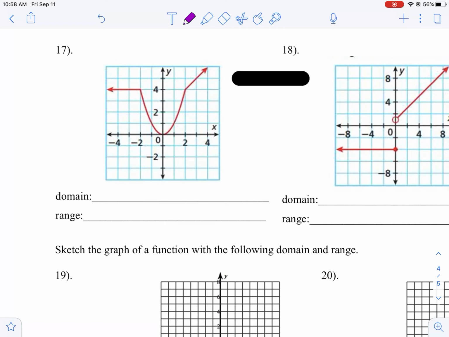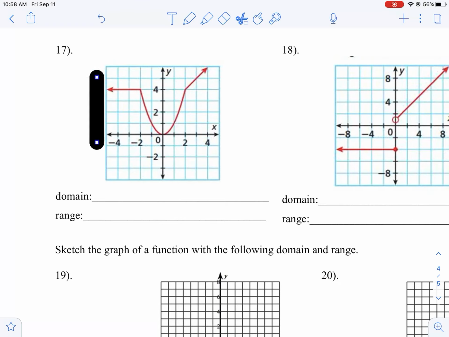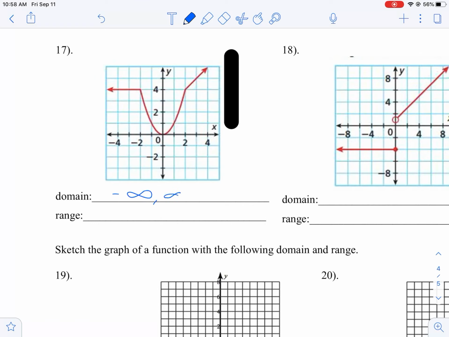All right, so you paused your video, you found your domain and range. Let's double check that you got these right. So I'm going to use my scanner here. I'm going farthest left to farthest right. So notice that there's no break in the action there for domain. So negative infinity to infinity.